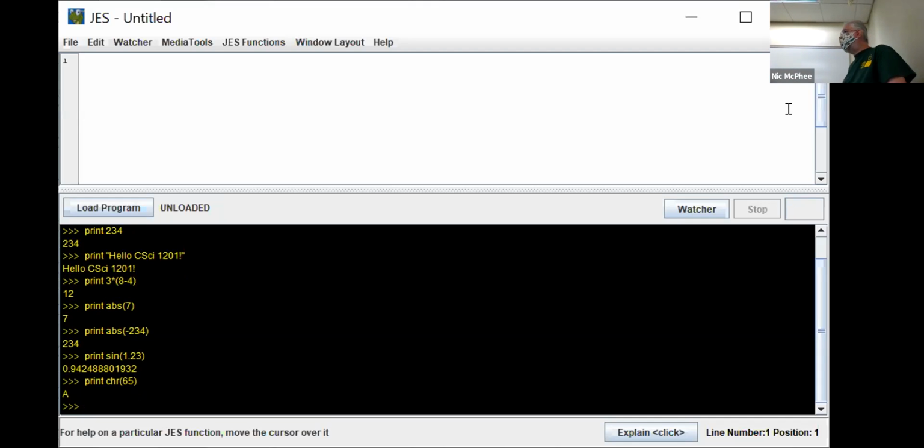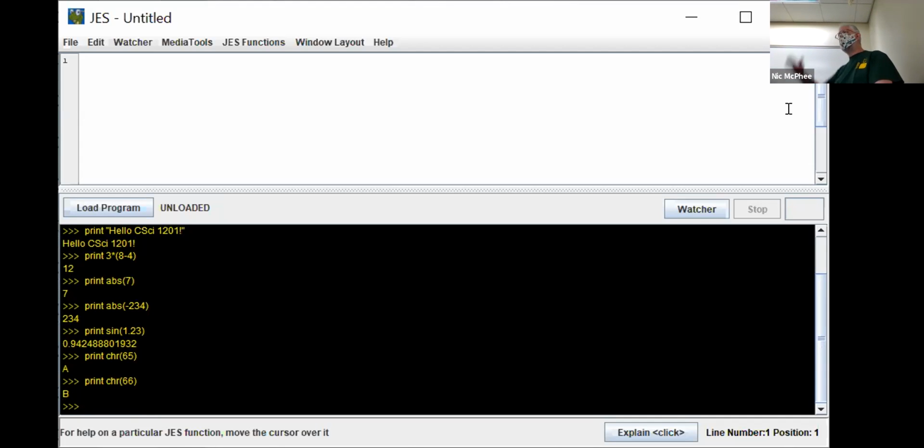So 65 is the ASCII code for the capital A. And so when we said CHR 65, we got a capital A back. Okay? And if we do print CHR 66, we get capital B.